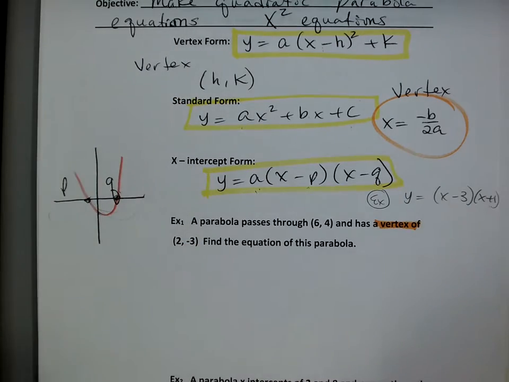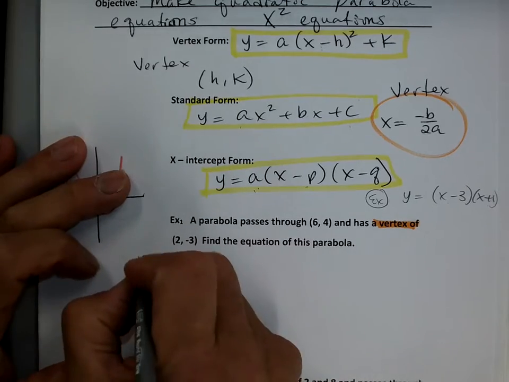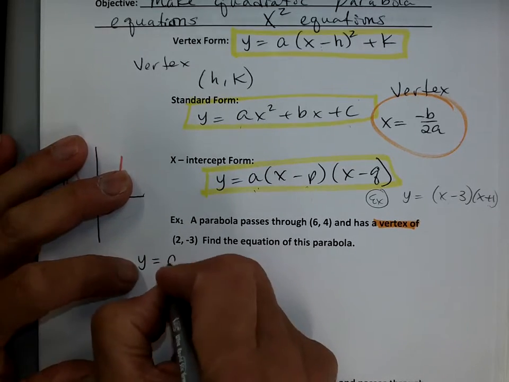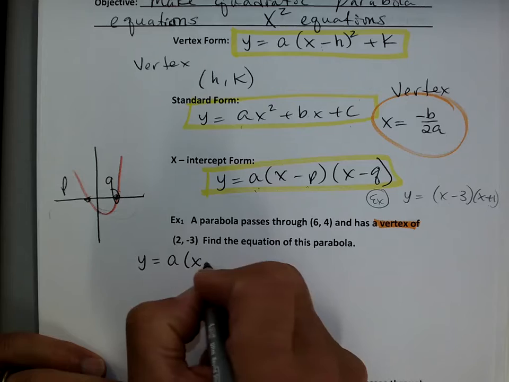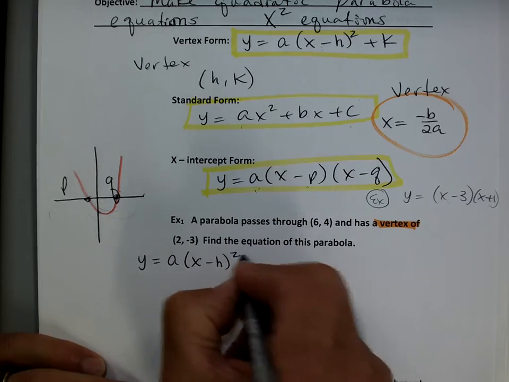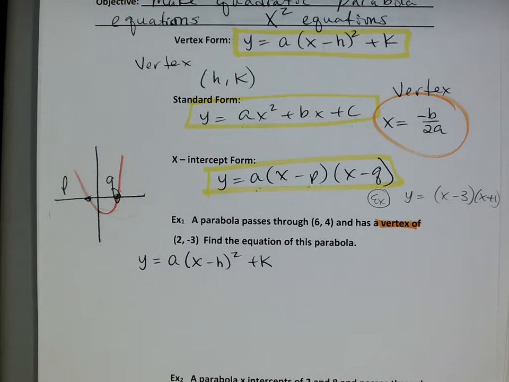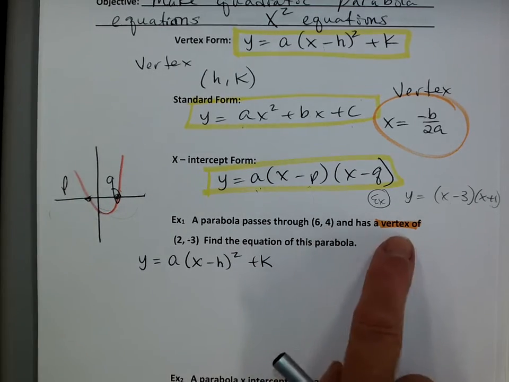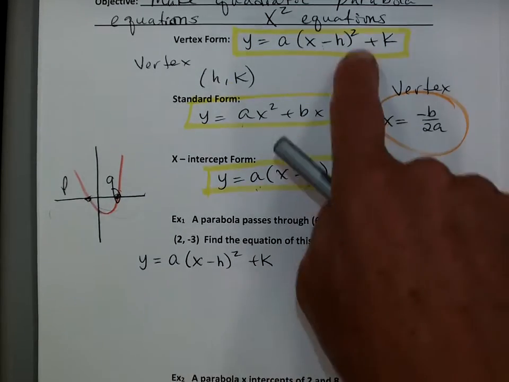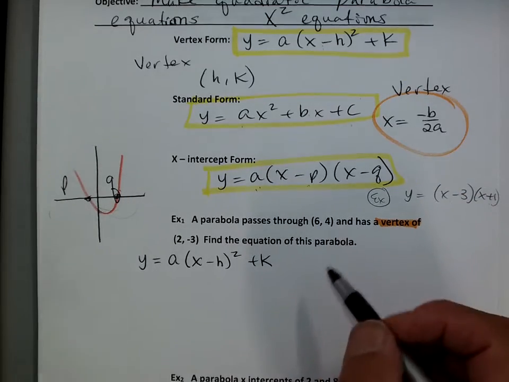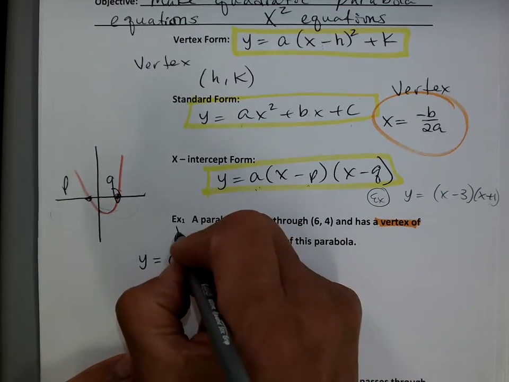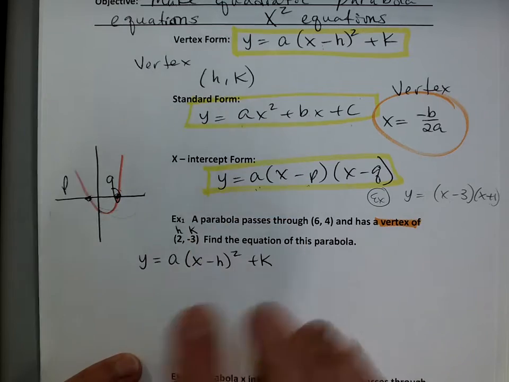Let me write that down: y equals a times x minus h squared plus k. It says the parabola passes through 6, 4 and has a vertex, so vertex form. If this is my vertex, that's my h, and that's my k.